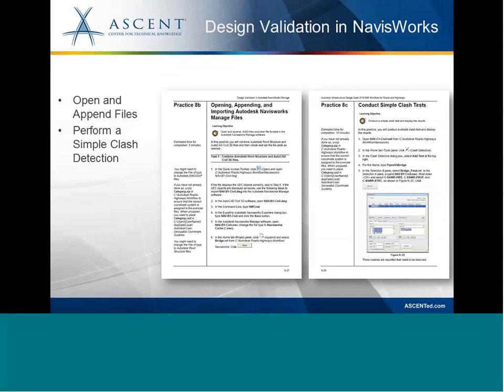Then, to make sure that everyone is communicating on the job and all the team members across the board are working together, we actually take the design into Navisworks to do some design validation.